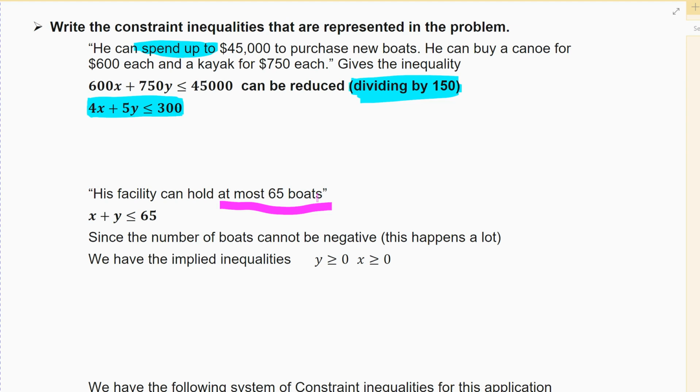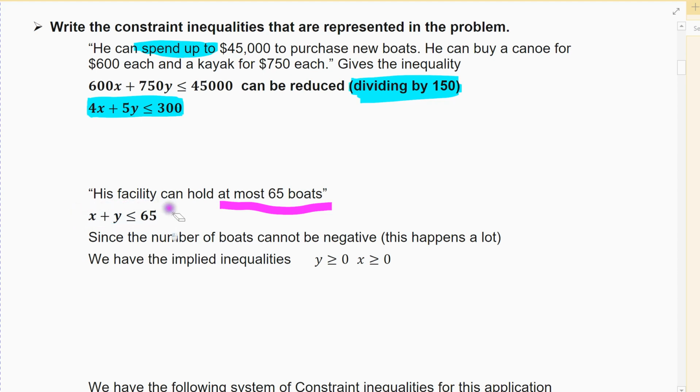You can't go beyond 65. You could buy 65 boats or fewer. And so there's our inequality. X represents the canoes, Y represents the kayaks. The sum of those boats, the canoes and kayaks, can be up to 65, which is the equal to part, or less than 65. I can't go over it. And so there's my second inequality.